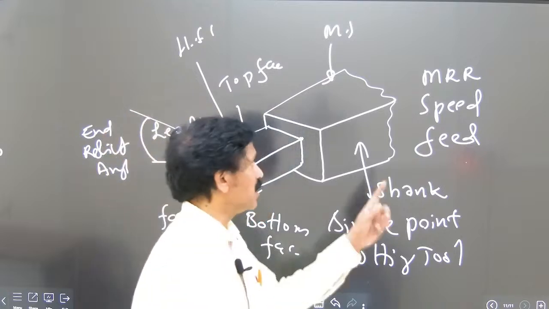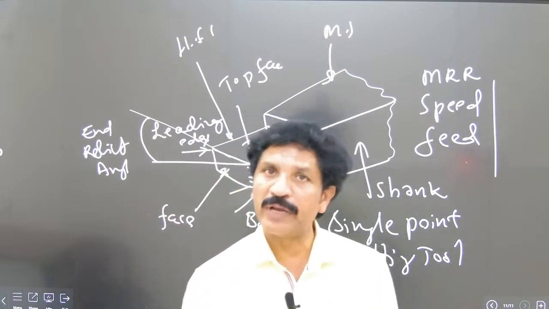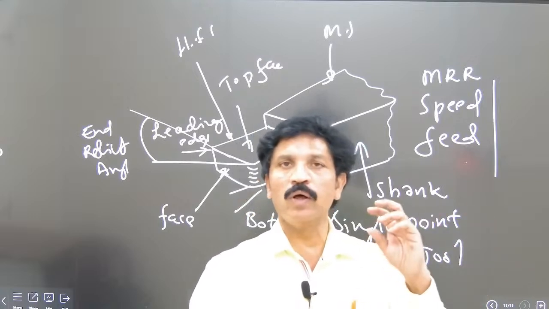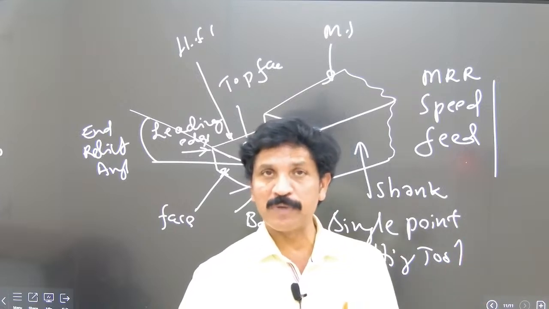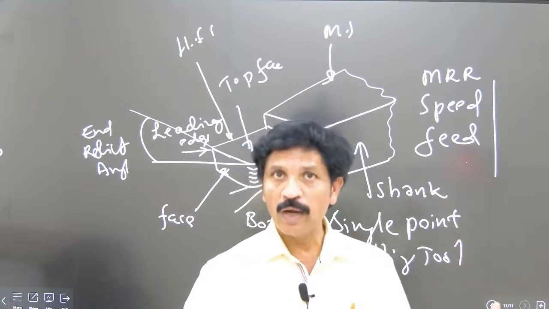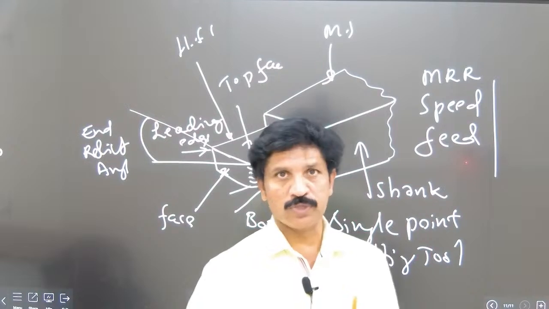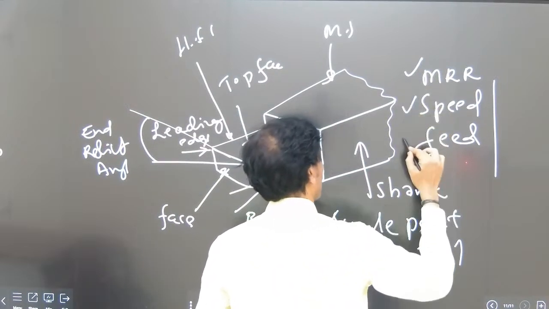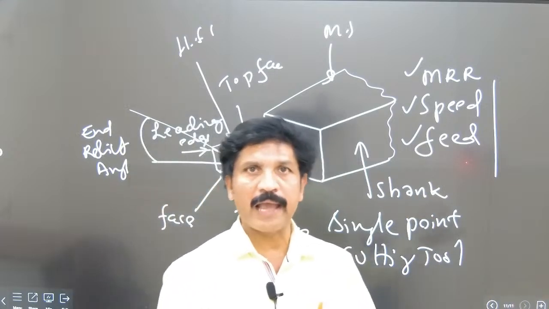Material removal rate depends upon these two factors, speed as well as feed. So for 1 hour, how much material removal there is depends upon the tool position, tool movement, the speed of the workpiece, and also the operator skill. So we can observe the cases here.